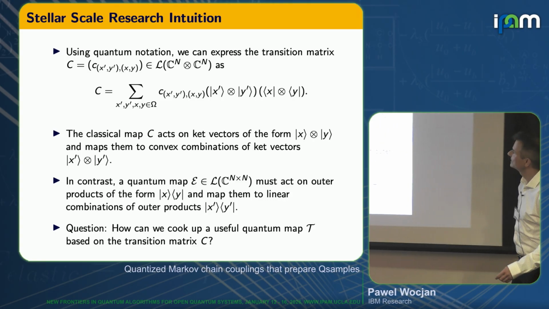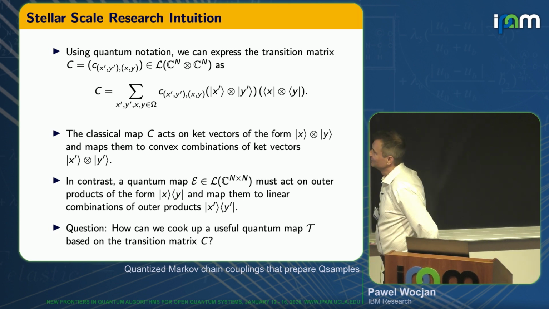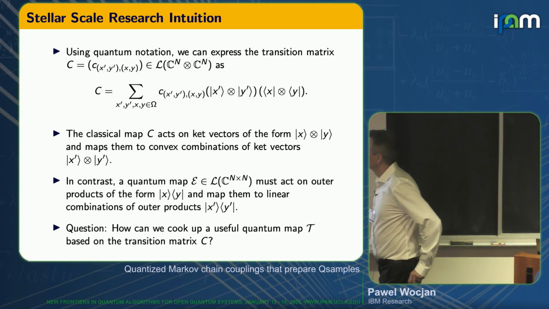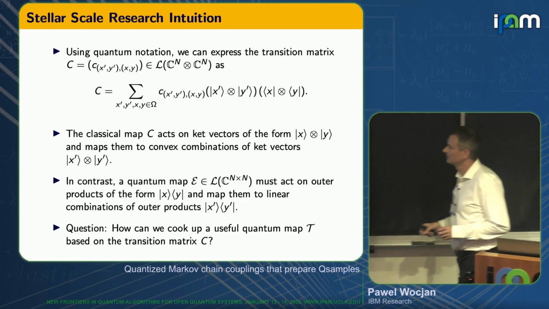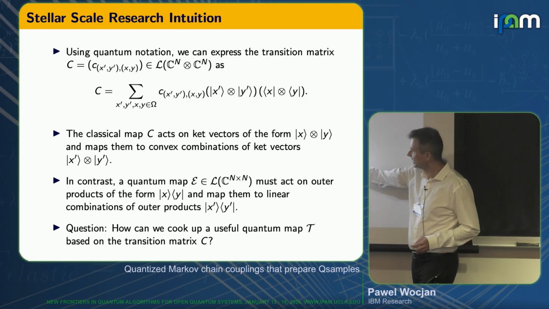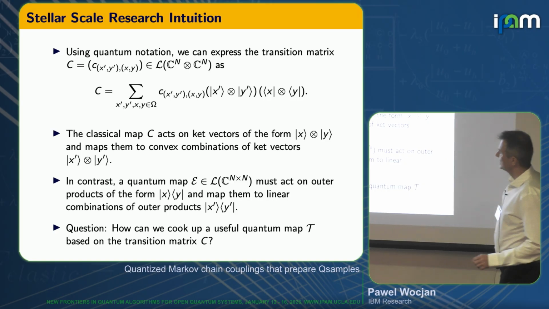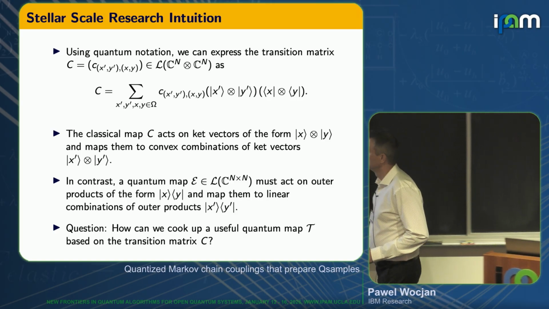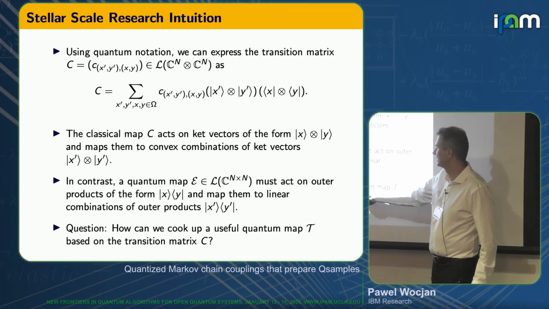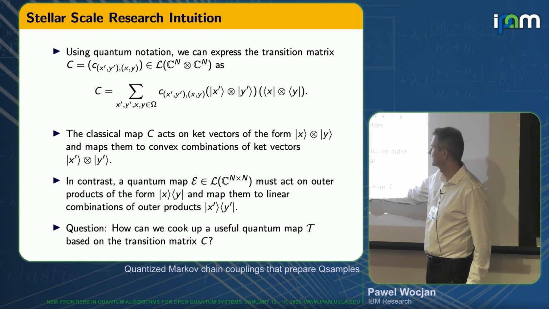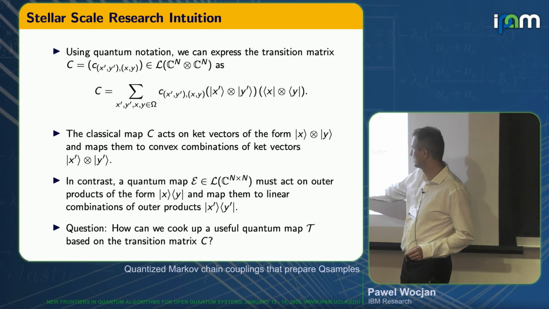So we have just written the transition matrix using the bra-ket notation. The classical map C acts on ket vectors of this form and maps them to convex combinations of ket vectors. In contrast, a quantum map, a quantum channel E, must act on outer products that look like this. Here we have an outer product, ket x bra y, and map them to linear combinations of outer products.